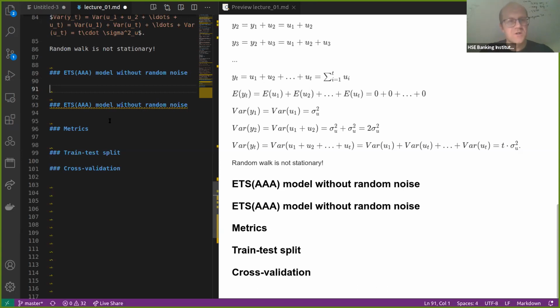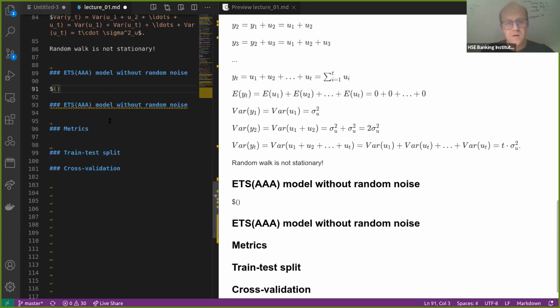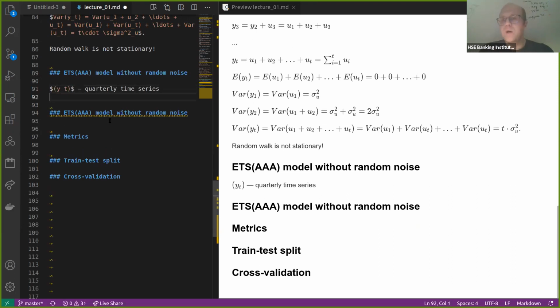Imagine that our Y_t is some quarterly time series. So we have 4 values each year: Y1, Y2, Y3, Y4.